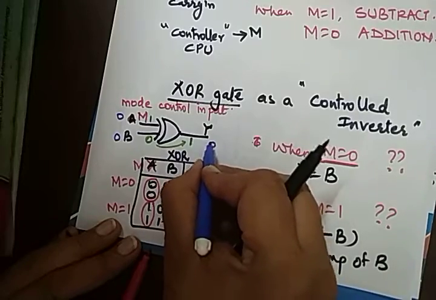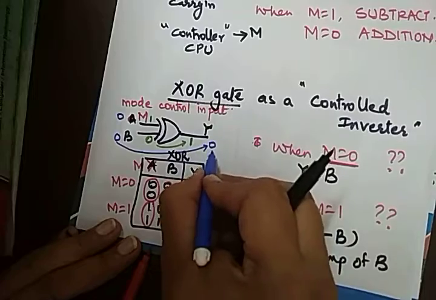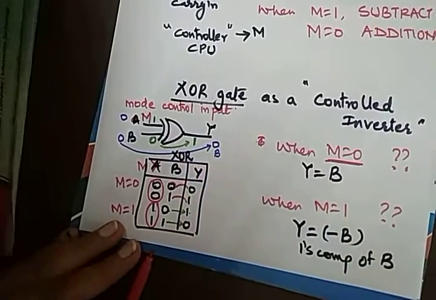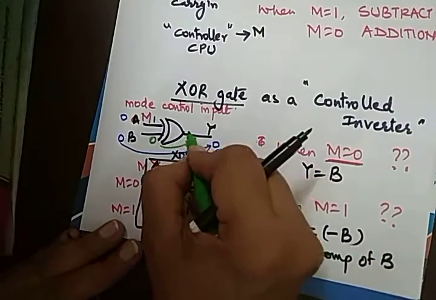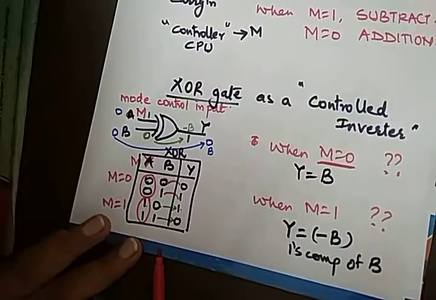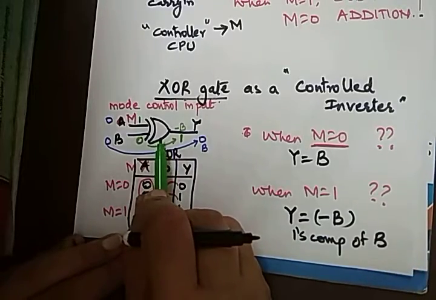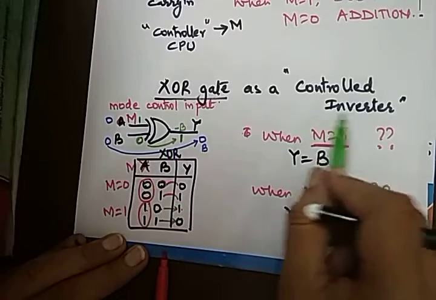There is no change, the output is the same as B. In the earlier case, this 1 was minus B. This is how the XOR gate works like a controlled inverter.